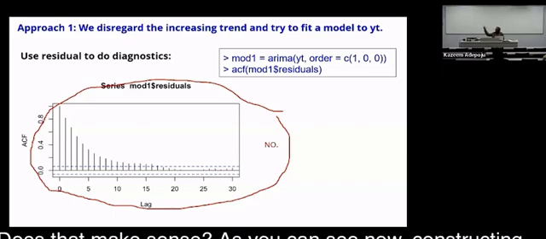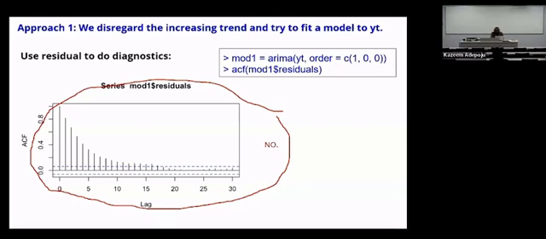As you can see now, constructing the autocorrelation function plot of the residual, we can see that the autocorrelation values at different lags are not approximately zero, and that is telling us there's a problem. And that was why they're asking you here.